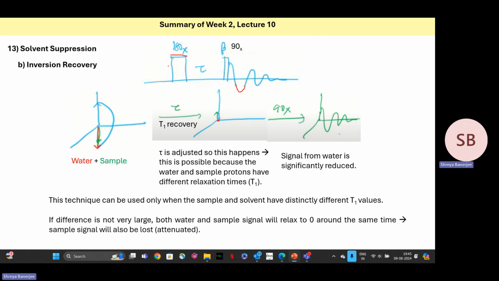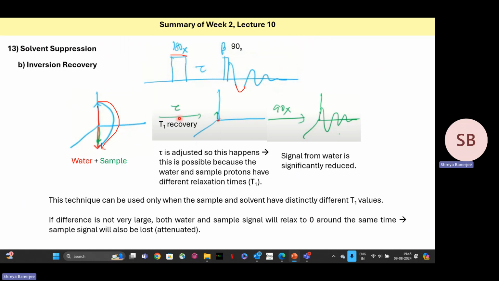So what happens? Your initial magnetization is along the Z direction. When you apply a 180-degree pulse, the magnetization of your water as well as the magnetization of your sample undergoes a rotation of 180 degrees to come to the minus Z direction. Suppose your water is this red line and sample is the green line.